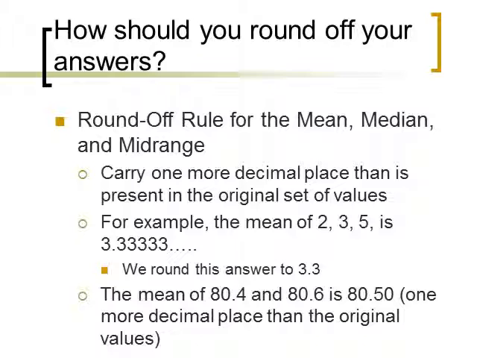So for example, if you're asked to find the mean of 2, 3, and 5, which have no decimals in it, and then you get this value in your calculator, 3.33333 repeating, then we would round this to one decimal place, 3.3. The mean of 80.4 and 80.6 is 80.50, and the reason we have 80.50 is because we want to go one more decimal place than the original values, and the original values have one decimal place.